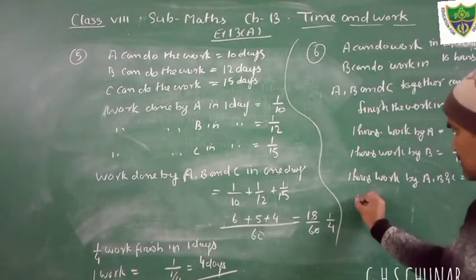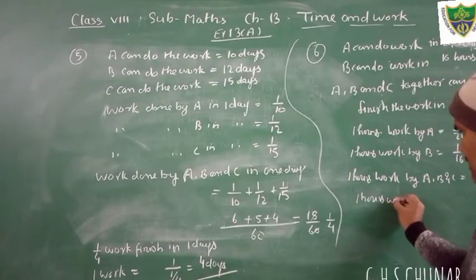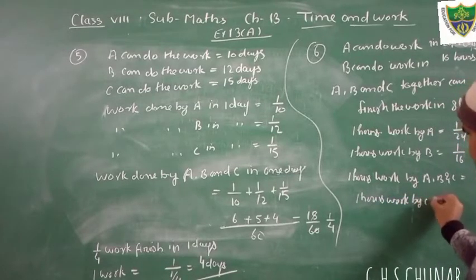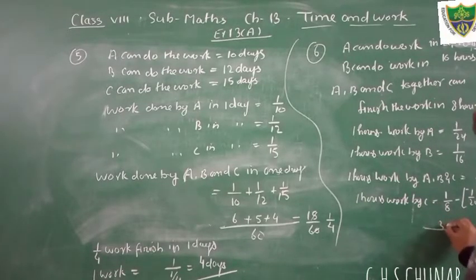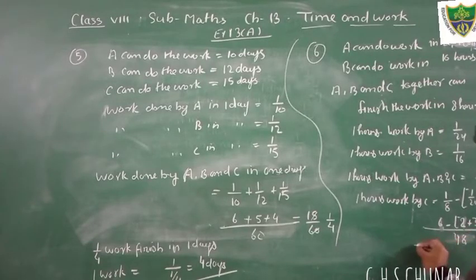subtract. Now 1 hour work by C, that is 1 upon 8 minus 1 upon 24 minus 1 upon 16. It is 6 minus 2 minus 3 upon 48, that is 6 minus 5 upon 48, that is 1 upon 48.